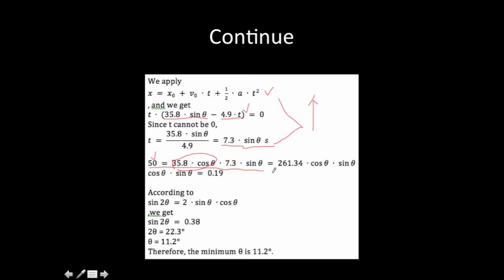So finally we get 261.5 times 0.34 multiplied by sine, cosine, and sine. Oh, sorry, there's something missing here because when I cut the picture, something was cut off.